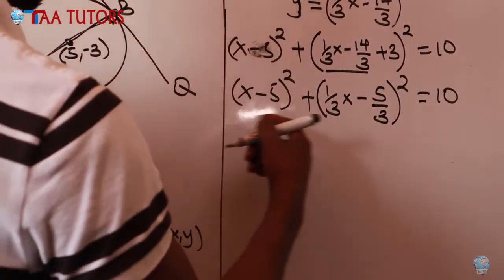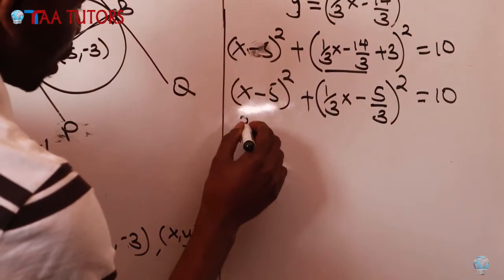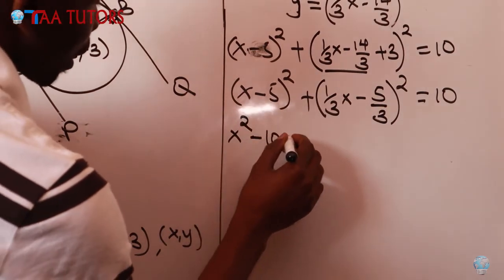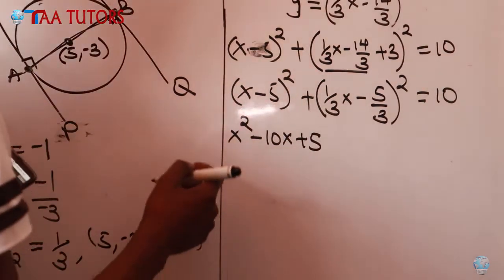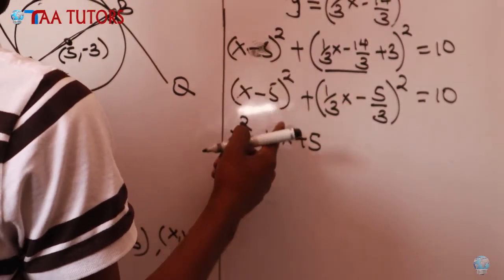If we open this using the quadratic identity, we are going to have x^2 - 10x + 5. What did I do? I square x, then the next one I take 2 times x times negative 5, which is negative 10x.